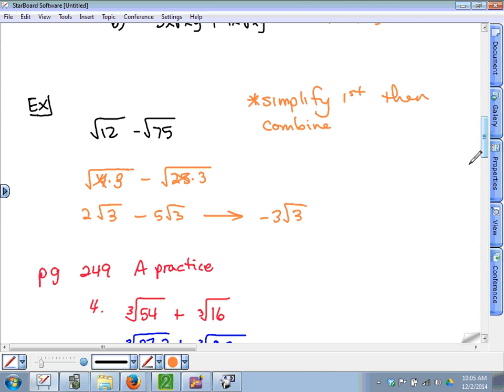Okay. Try this one then. On your own. Page 249. There's a section near the bottom, I think. 249, where it says practice. I guess it's at the top of page 249. Top of page 249. Yeah.